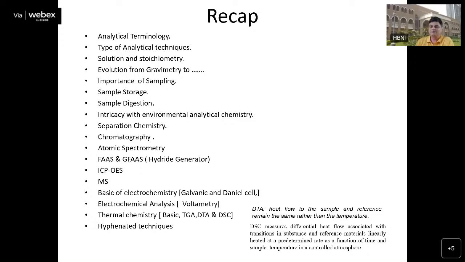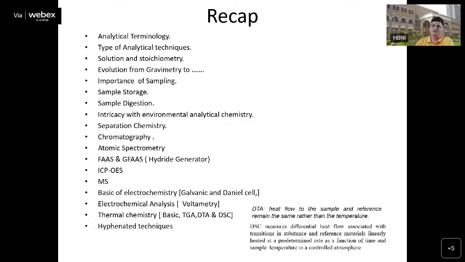Then we have seen some of these comparative methods. Comparative methods also need a calibration curve, but these calibration curves are different from the way we prepare the calibration curve in the relative methods. In comparative methods, a matrix matching standard is compulsory. As I gave you an example, if I am doing the analysis of arsenic in vegetation samples, then I will prepare a calibration curve using arsenic in vegetation samples only.